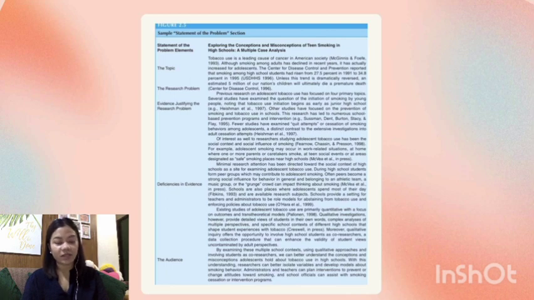The fourth one is the deficiencies in evidence. A brief discussion that details the area of need in relation to the problem, and the deficiencies or lack of evidence in the literature.